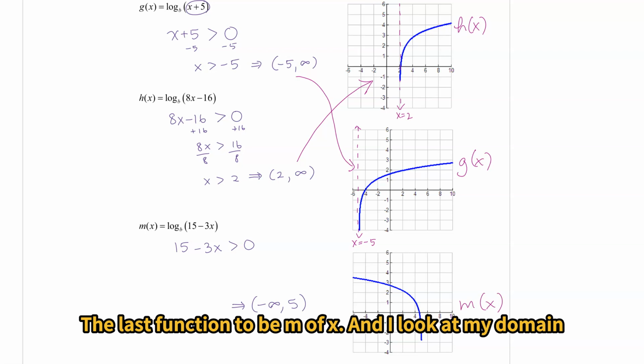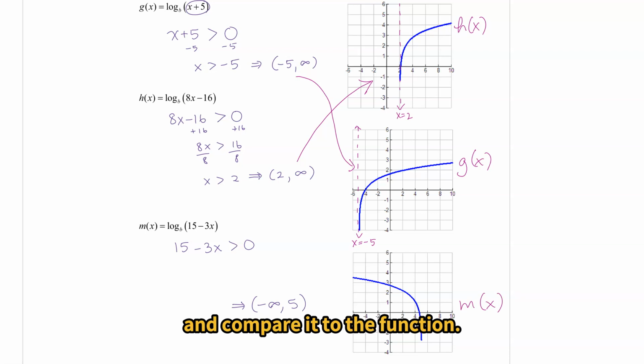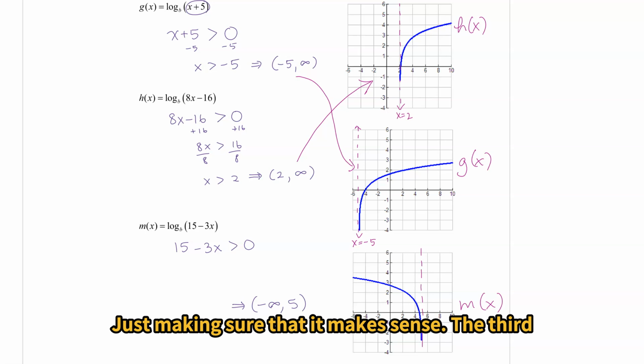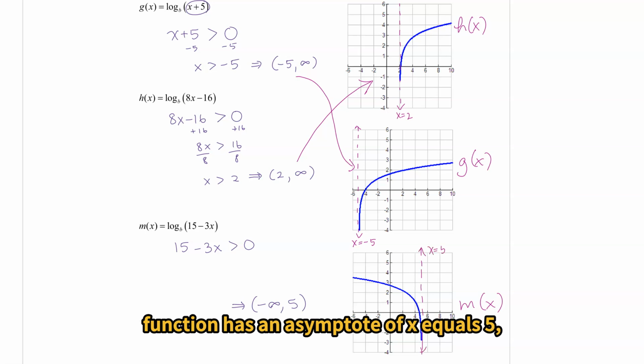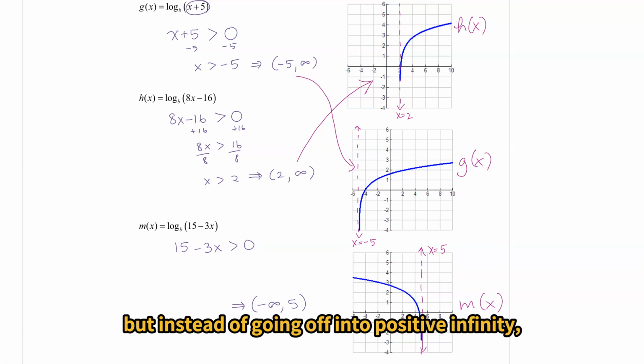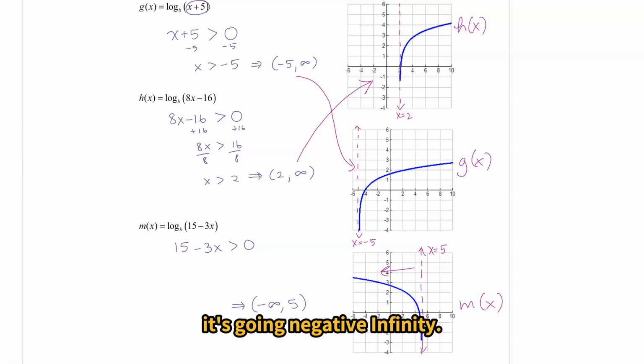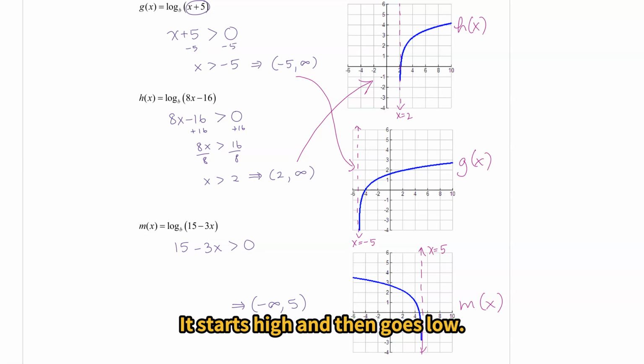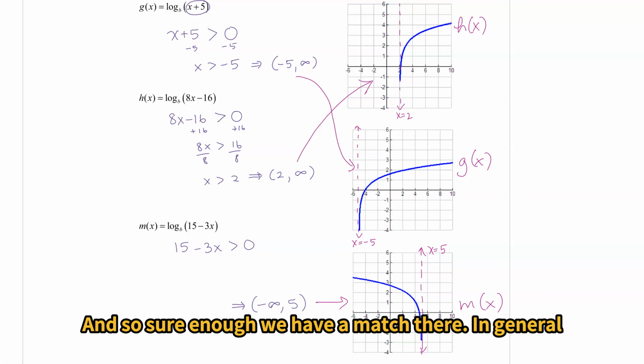And I look at my domain and compare it to the function, just making sure that it makes sense. The third function has an asymptote of x equals 5, but instead of going off into positive infinity, it's going negative infinity. It starts high and then goes low, and so sure enough we have a match there.